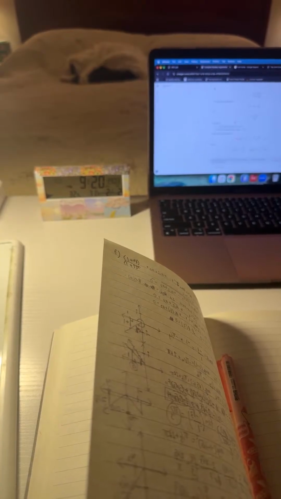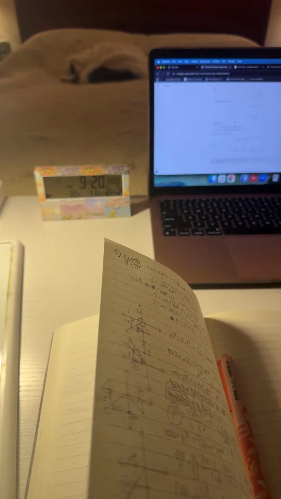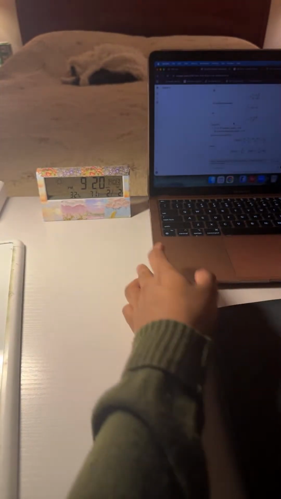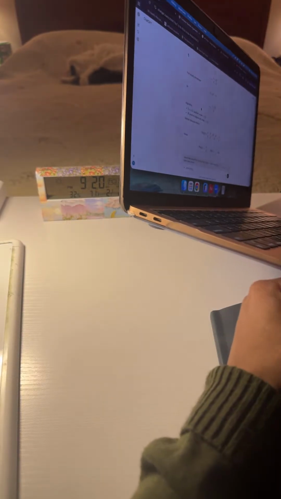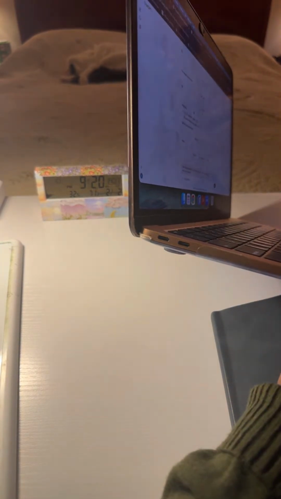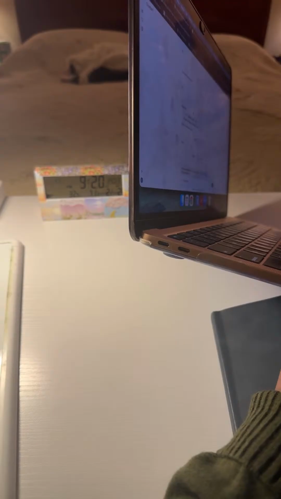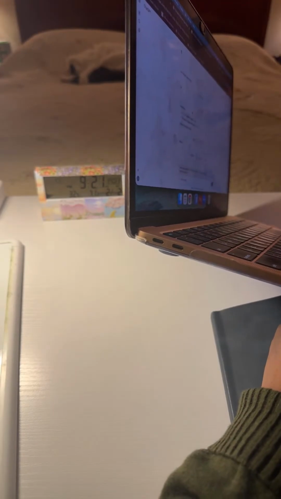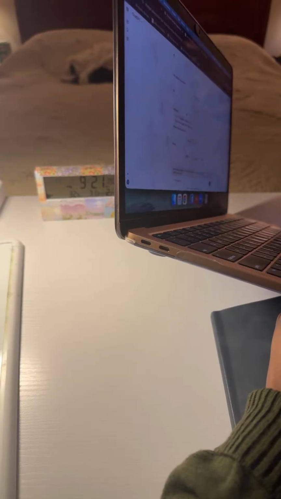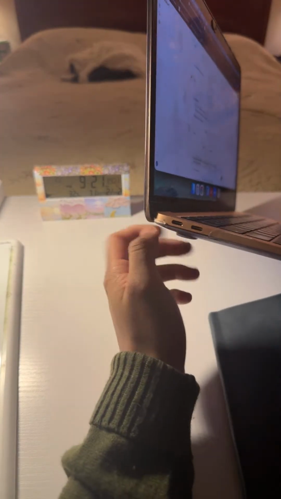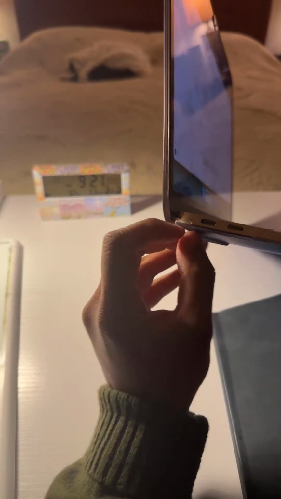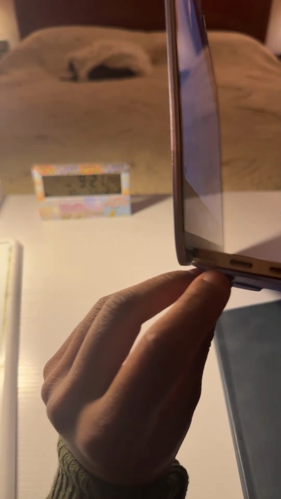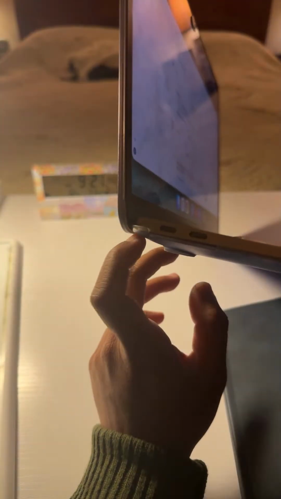Did he not smell it or what? What does that button do, by the way? Is it covered by my laptop case? Is it on the left side or the right side? I don't know. I can't see that button.